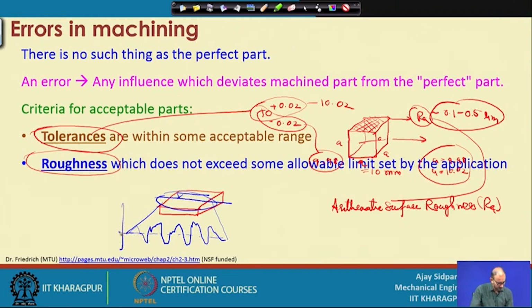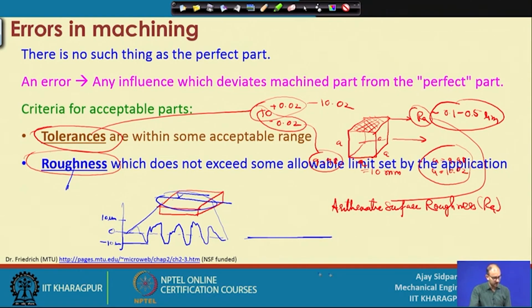This will be 0 and here it will be 10 micron or whatever, that means your magnitude or amplitude is moving up and down, and that will be considered as the scale or the range on which this roughness varies. You will never get this profile as a straight line, because it is of stochastic nature.